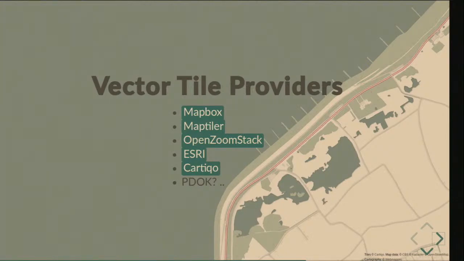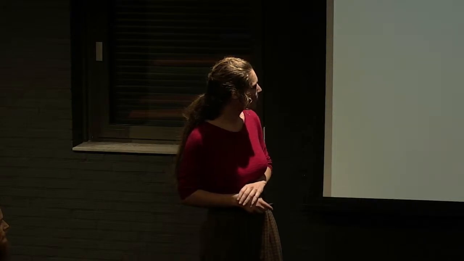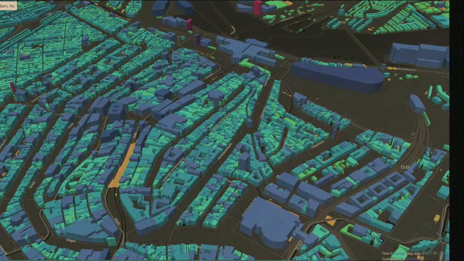And then we developed Cartico, which is a tile set for the Netherlands. That's what we developed at Webmapper ourselves. And we're still waiting actually for the Dutch government to provide their maps in vector tiles as well. But they're not there yet. So what do you use Mapbox.gl for? If you want to have a customized background map, if you want to have interactive data, and WebGL rendering. So you can make these kind of maps with it.